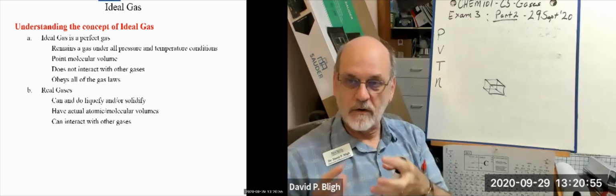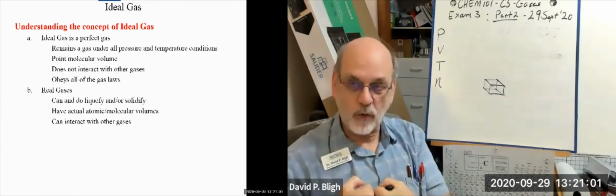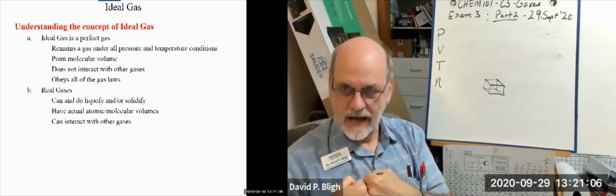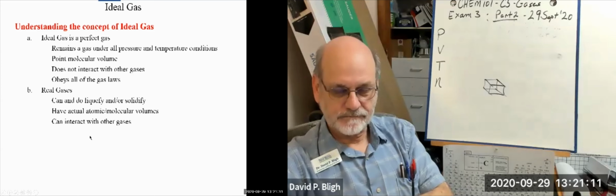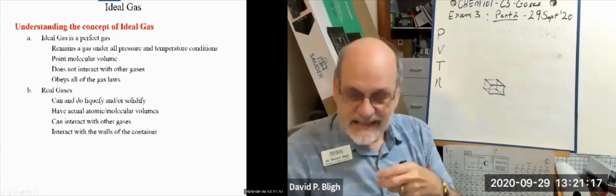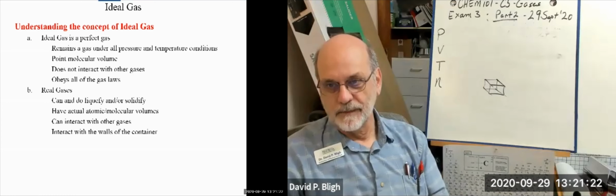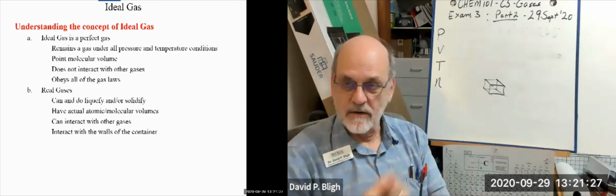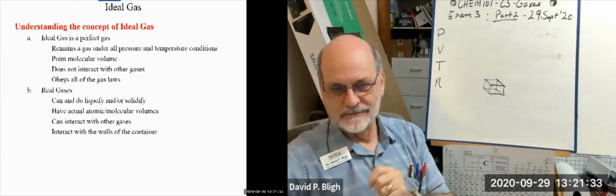When you reduce their kinetic motion to a certain point, then the attractive forces take over, and they draw them together in liquids or solids. So the gases do interact. And of course, they interact with the walls of the container. If they didn't interact with the walls of a container, then we'd have no way to measure the pressure. You poke a hole and put your valve in there and your pressure gauge, and you get a 0 reading if they did not interact with the walls of the container.